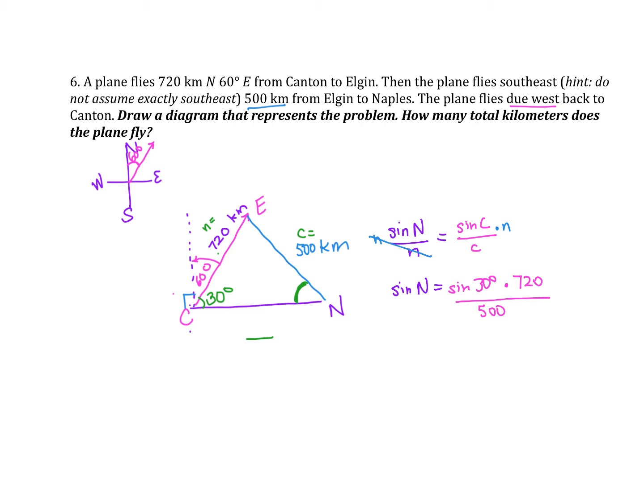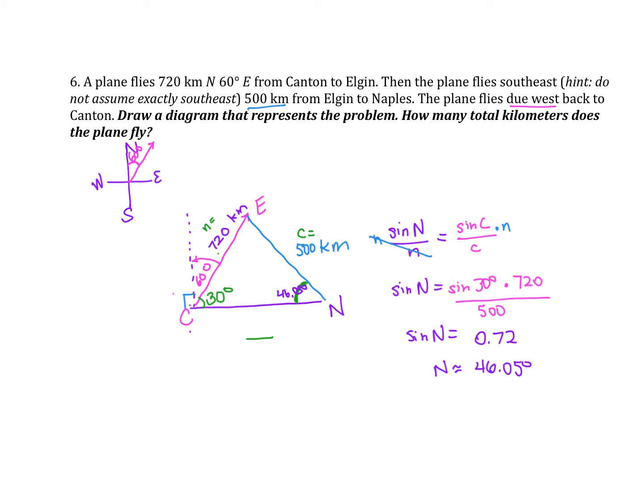So now we just plug it in our calculator. And you would get 0.72. So then you find the inverse. So second sine, second 0.72, or second answer, and we find that angle N is approximately 46.05 degrees.